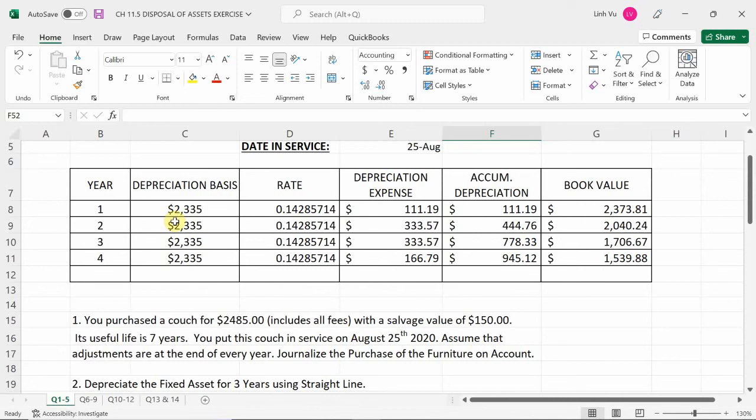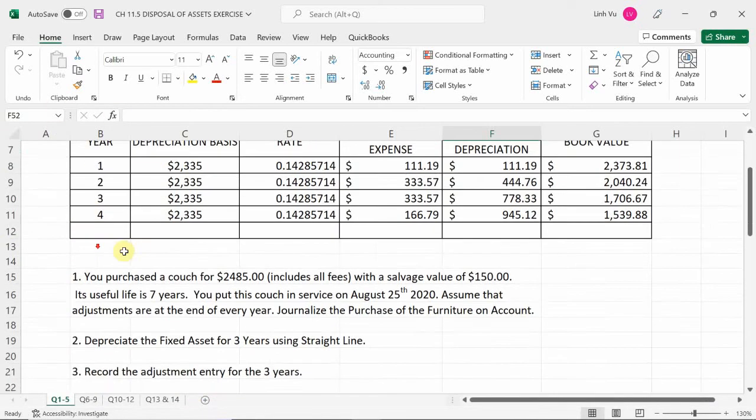Not the book value. You're not going to get rid of your asset from the book value. How do you get to the book value? Will it be the depreciation expense? Not that. The accumulated depreciation? It will be the accumulated depreciation. Good.